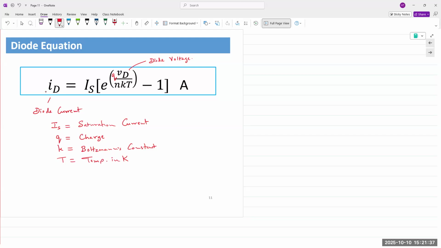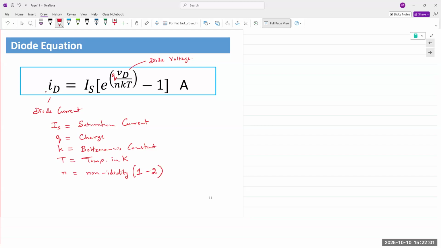And then let's come to N. N is a non-ideality factor. This is again provided by the manufacturer. It simply indicates how nonlinear this device is. Typically, it's between 1 and 2. For most diodes, we simply take it as 1.